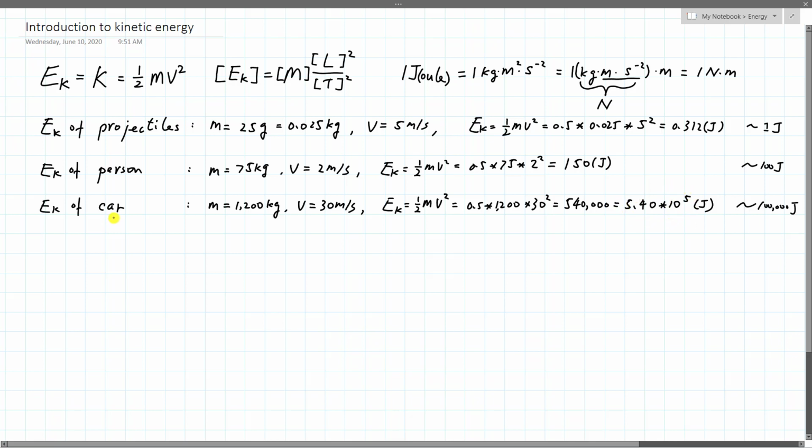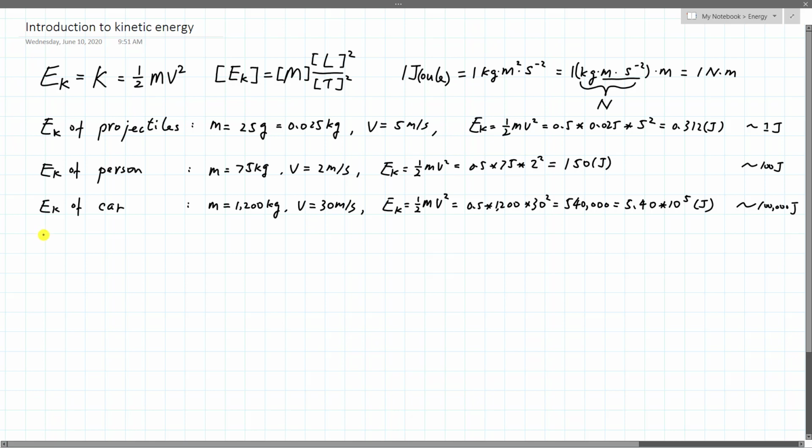That is only when the car is observed by someone on the ground who claims that this car is moving at this speed, right? So if you're on the car and you use your own reference frame, that means you consider yourself at rest. So you will observe the car, yourself and your passenger all at rest. So you have no kinetic energy. On the other hand, everything else is moving towards you or away from you. They have velocities, they have masses, they have kinetic energy, right? So it's kind of confusing.